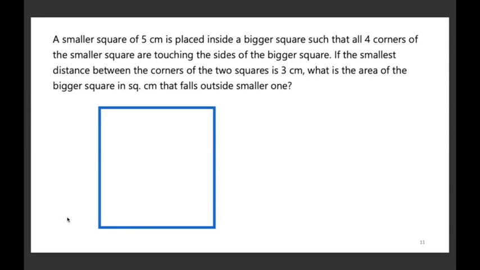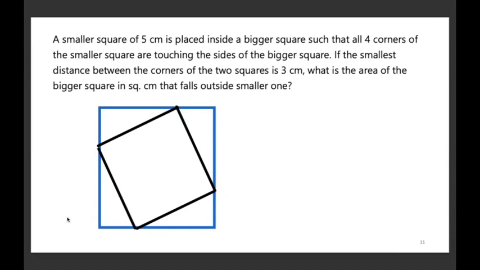Here, this is the bigger square. The smaller square that is placed inside it will be somewhere like this. Okay.